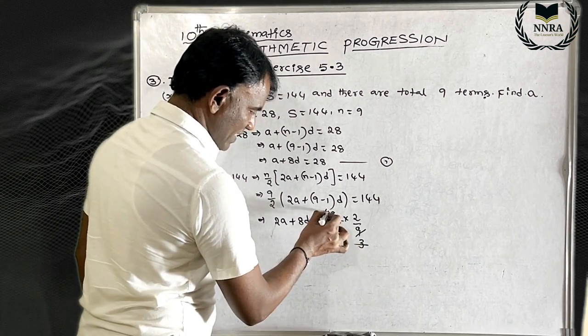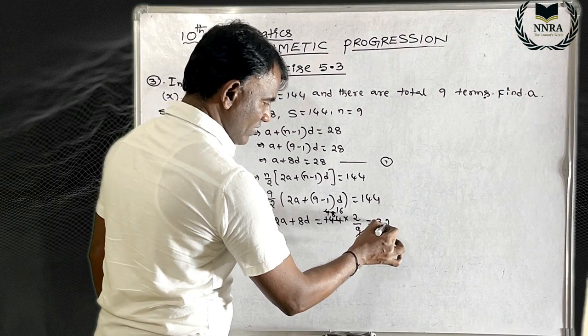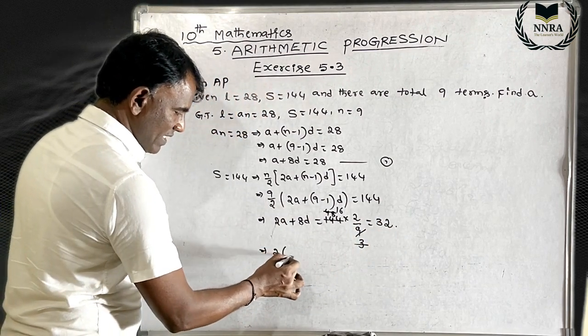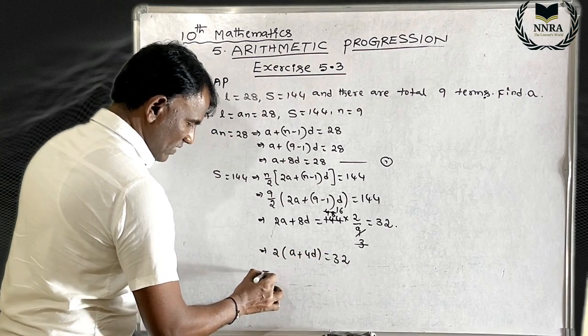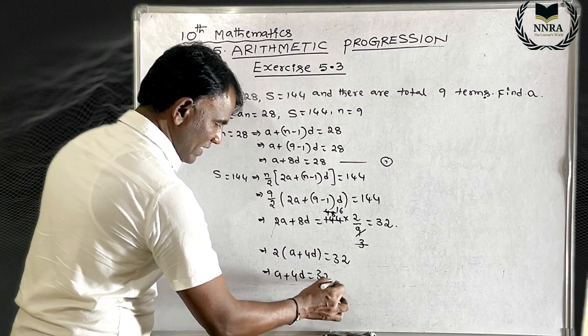Again 16 times, right? Then 16 into 2 equal to 32. And 2 is common. Then a plus 4d equal to 32 by 2 equal to 16.